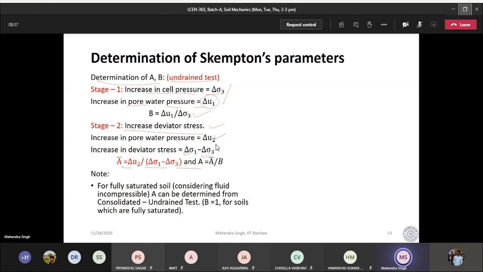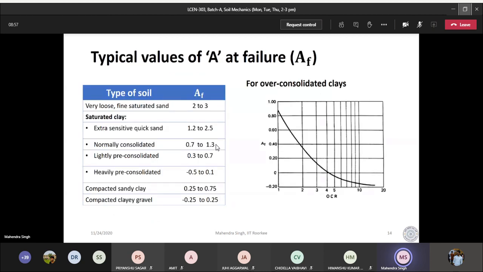For fully saturated soil, you can also conduct a consolidated undrained test. So B is equal to 1 for soils which are fully saturated. Basically you have to remember this equation and this procedure to get the value of these parameters.